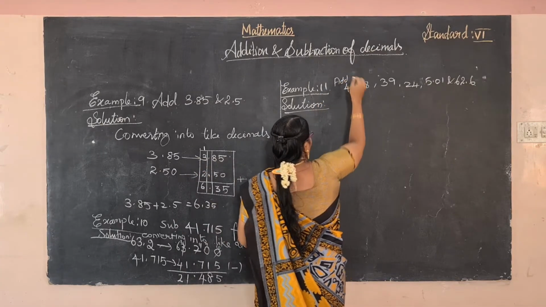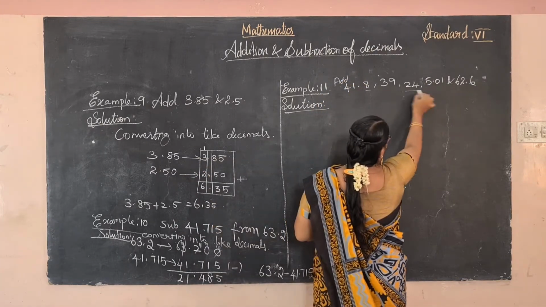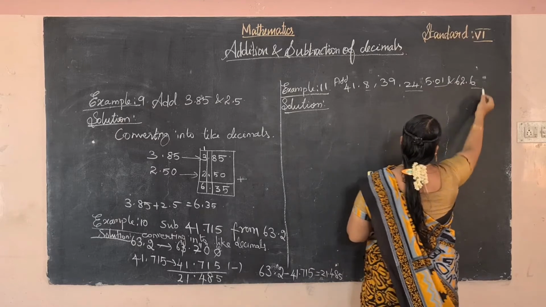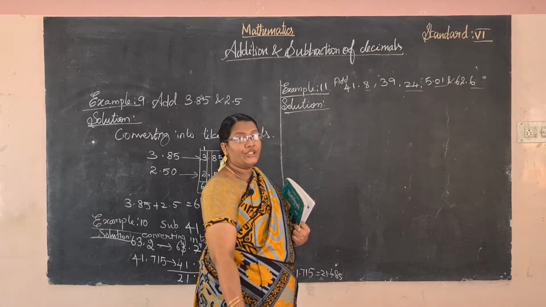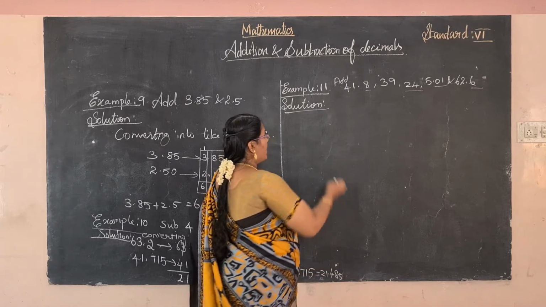Add. So check the decimal places. Unlike decimals are given, so first convert them into like decimals.